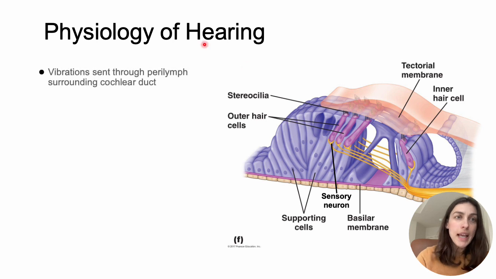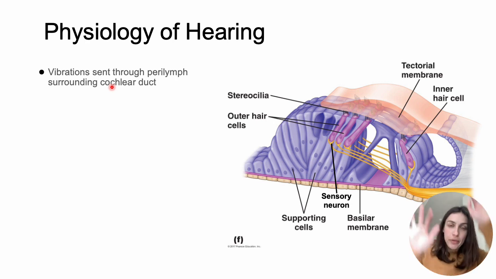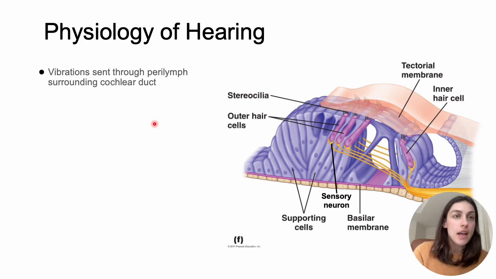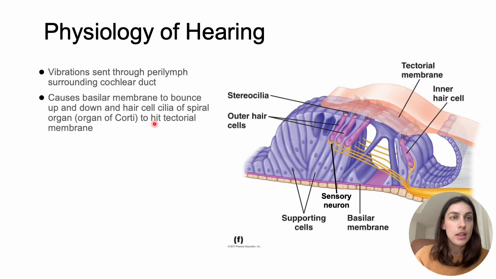So as vibrations are sent through the perilymph, they move all the perilymph in every direction, and this causes the basilar membrane to bounce up and down, and the hair cells are dancing with it because they are attached.